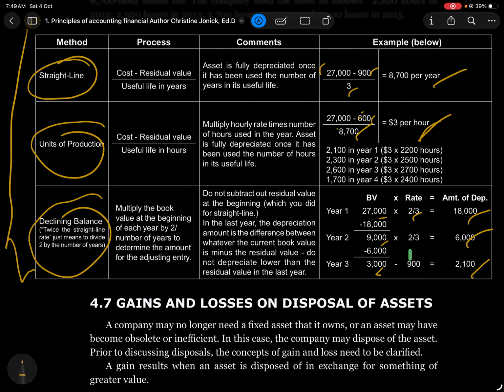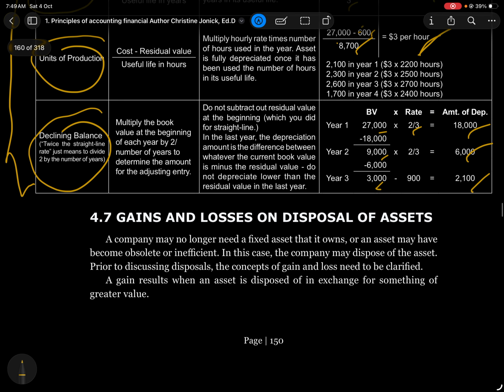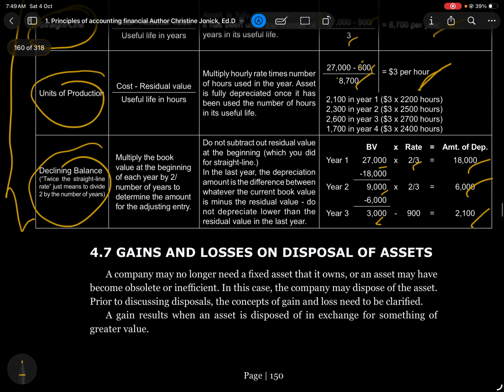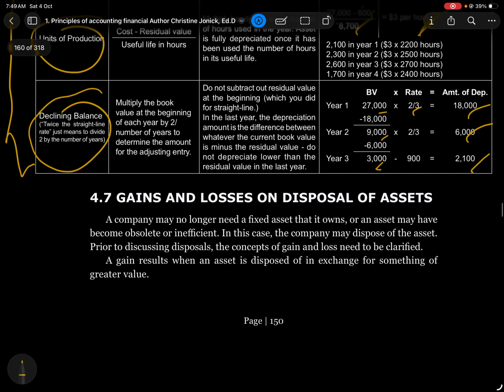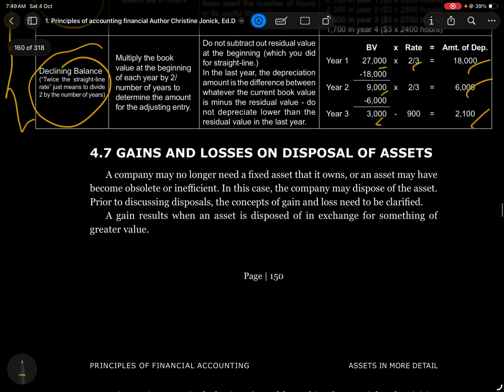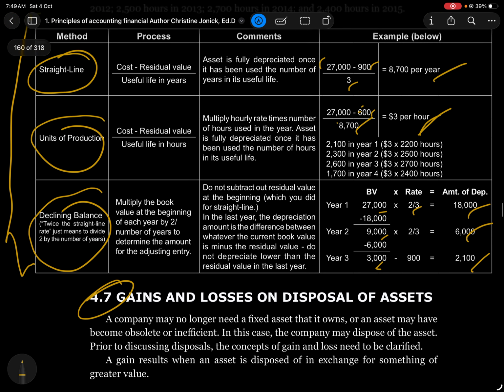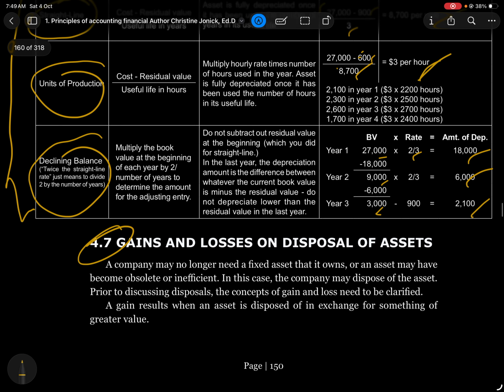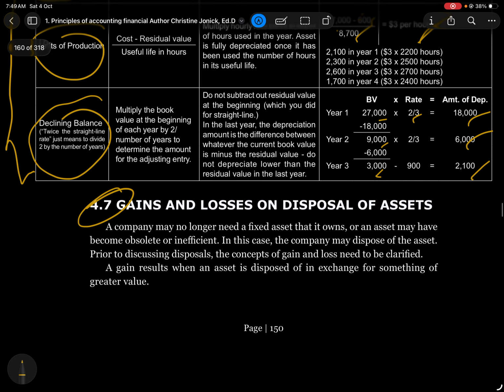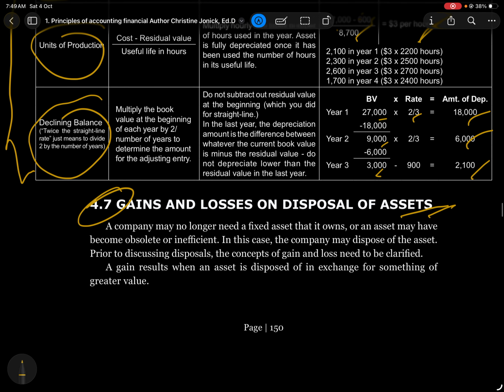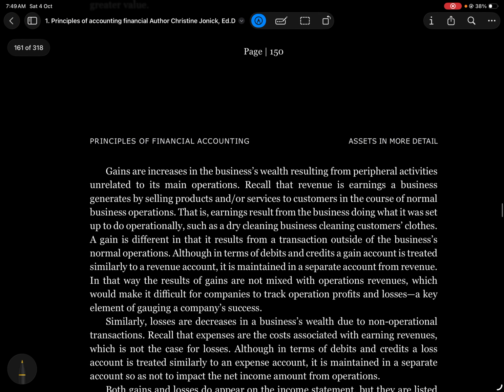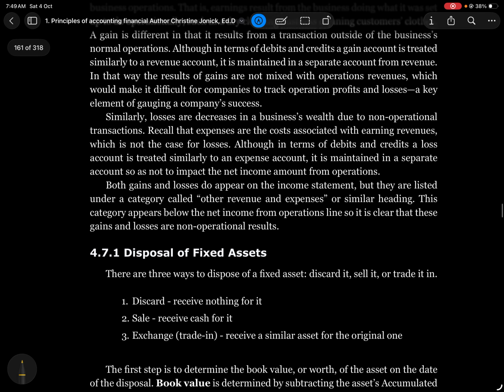Some people use straight line, some declining, depends. In manufacturing, units of production is used, right? So whenever we are selling this particular inventory, or I mean fixed assets, there might be gain or loss, right?